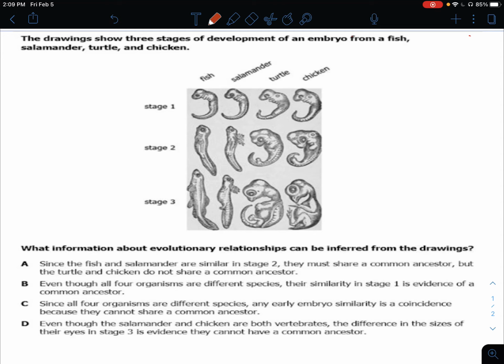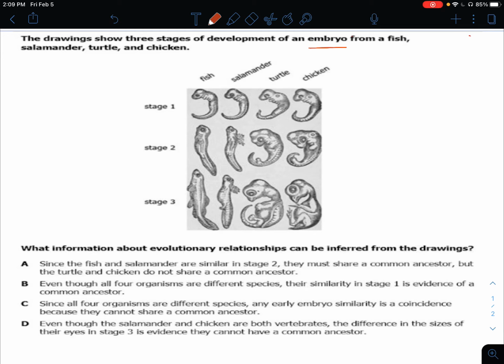So this question says the drawings show three stages of development of an embryo from a fish, salamander, turtle, and a chicken. Now we remember there's that word embryo. That is just a very fancy way of saying a brand new unborn baby of a certain offspring.